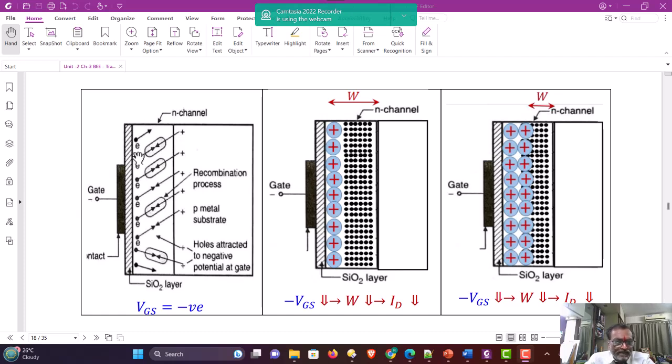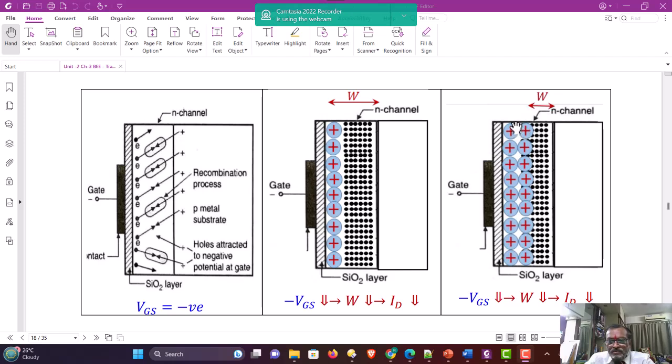Due to this negative supply, the electrons in the channel, being negative particles, are repelled. So the negative gate supply will repel the electrons or push them away towards the substrate. When the electrons are pushed away, they leave behind positive ions and they are immobile. When more and more negative supply is connected, means VGS value is more and more negative, more and more atoms are uncovered and become immobile positive ions.